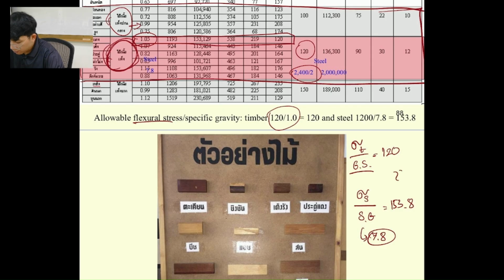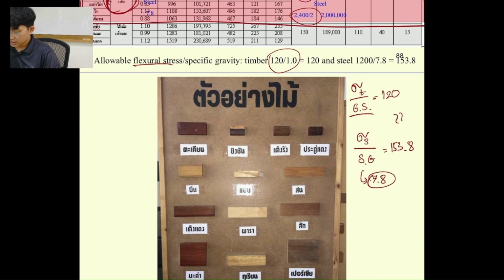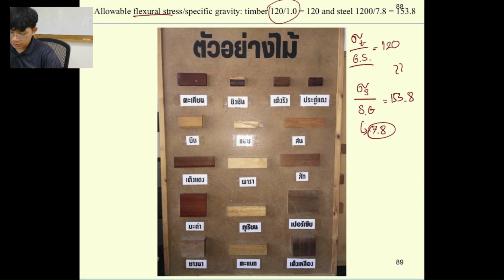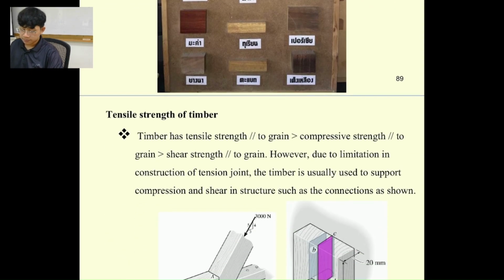So if we compare the strength to weight ratio, the timber also provides really high strength compared to steel, about 20% less than steel. But there are some disadvantages, which I'm going to mention later. That's why we don't use timbers instead of steel.